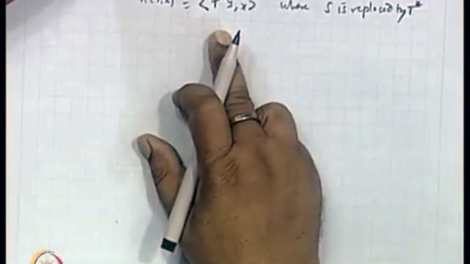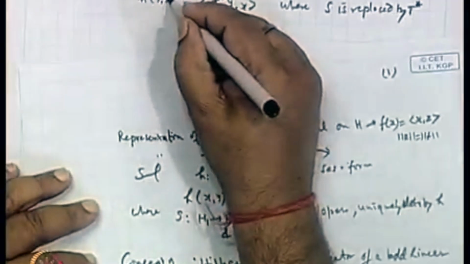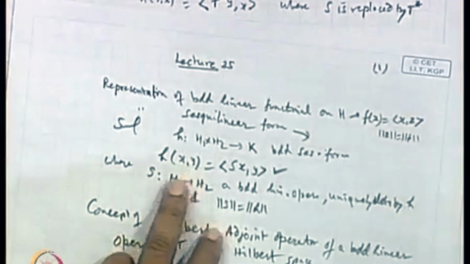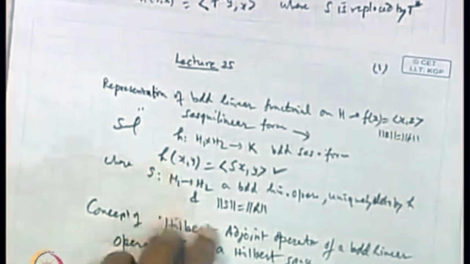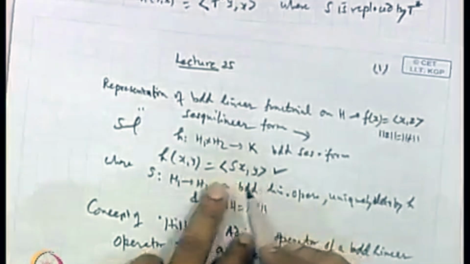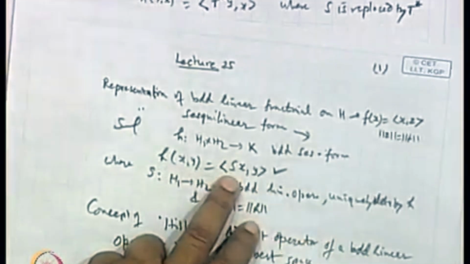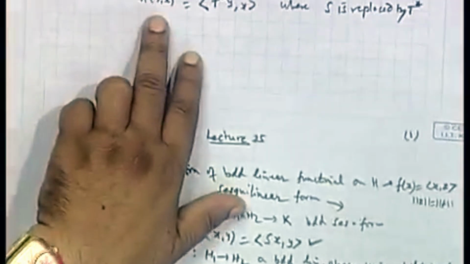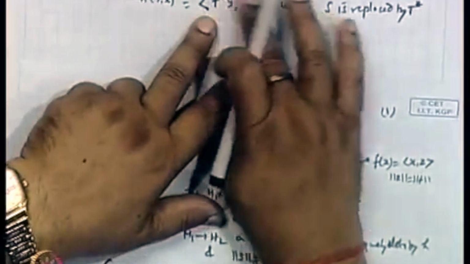Is it not? Just like here, you have taken T star as the operator. You just see, here x comma y. Then when you take h of this, what is the change? The change is nothing but an inner product where x is replaced by S of x, that's all. Here we are taking this one, h of y, x. I don't know the right hand side.